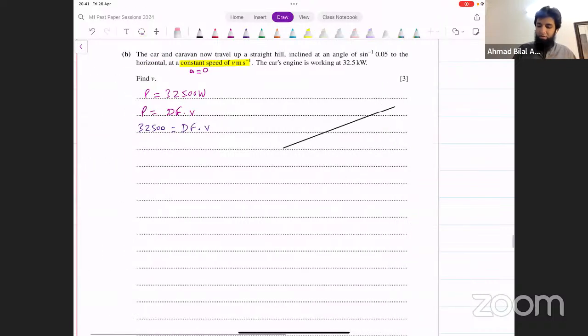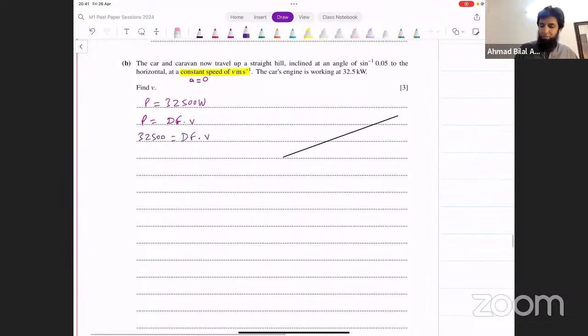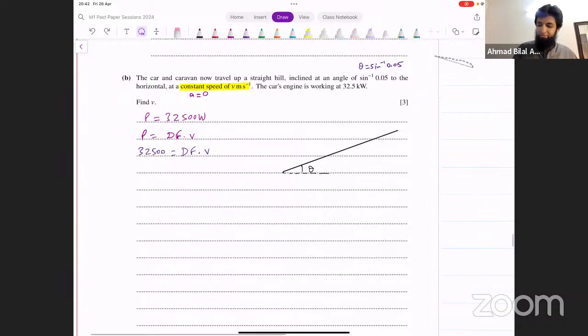The angle is sine inverse of 0.05. Let me write that here. Theta equals sine inverse of 0.05. If we say the angle of inclination of the plane is theta, then sine theta equals 0.05.